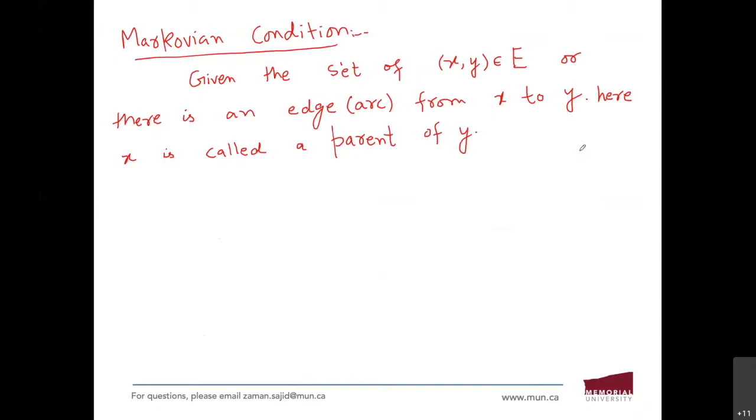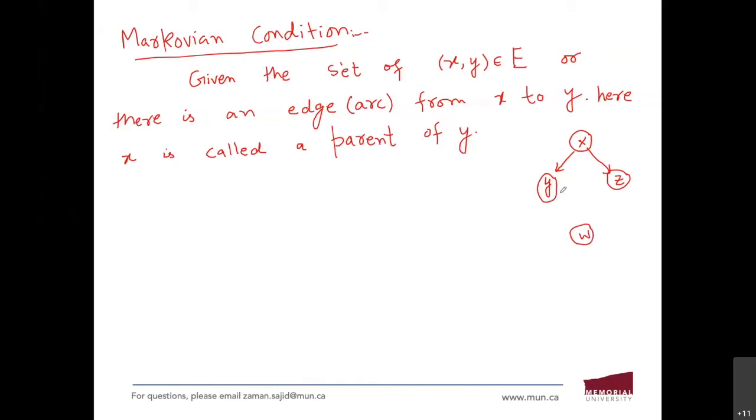Now let me draw the same network, the DAG that we discussed in the previous slide. So x is going into y, and x is going into z, and have a w here.